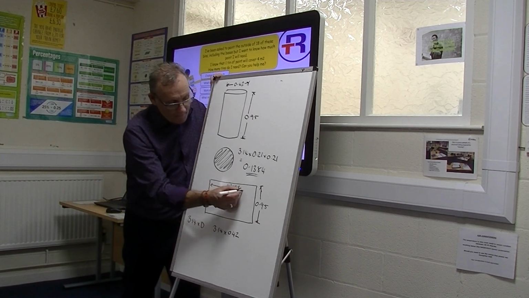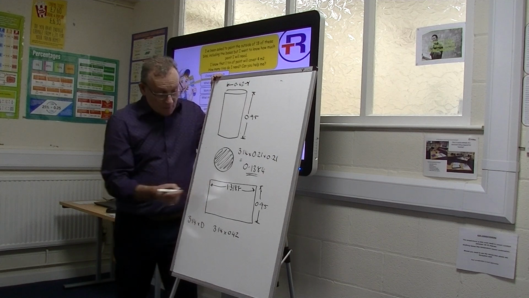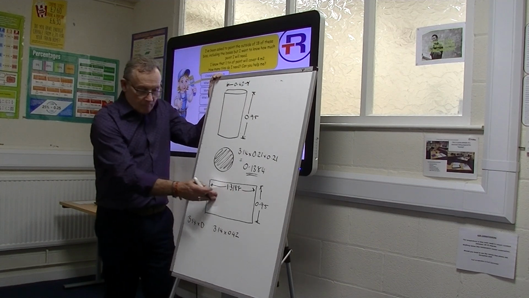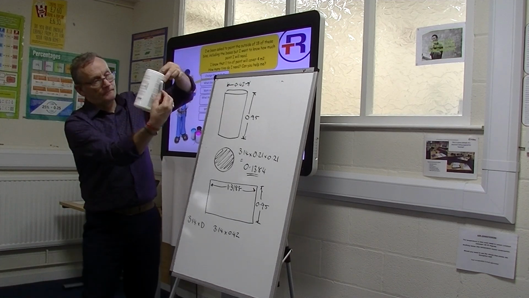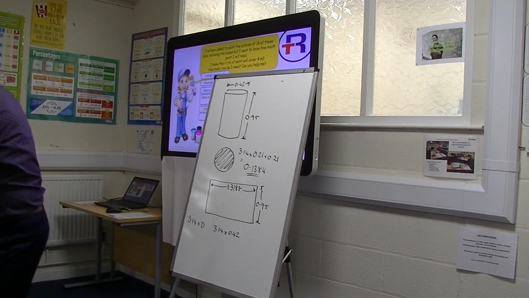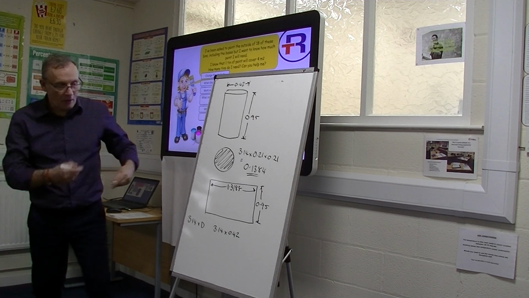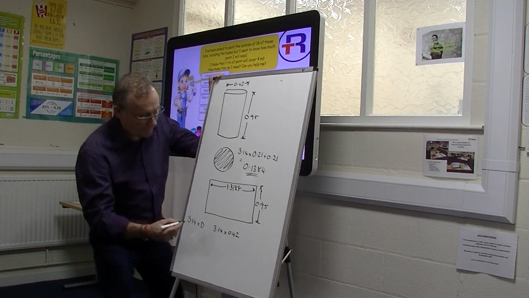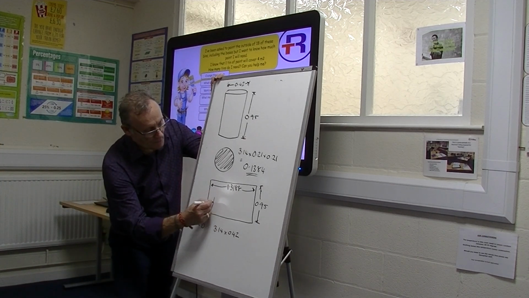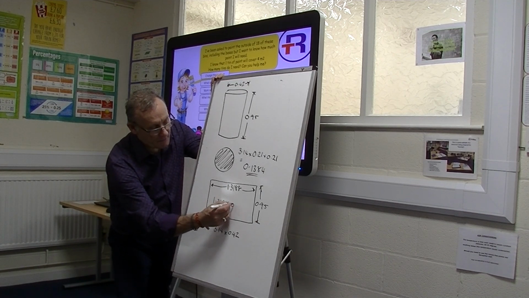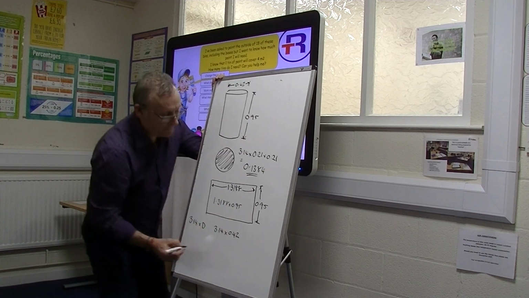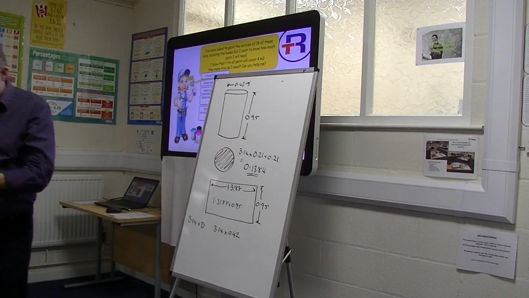Remember, so now we can easily work out the area of this part of the bin. Let's do it. Length times width, or in this case, sorry, length times height, which is 1.3188 multiplied by 0.95.